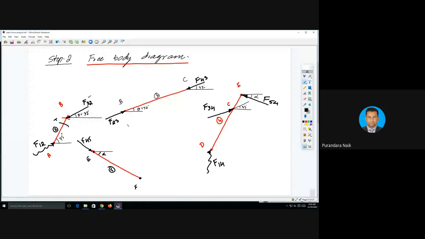So another force here by the link number 6 piston.